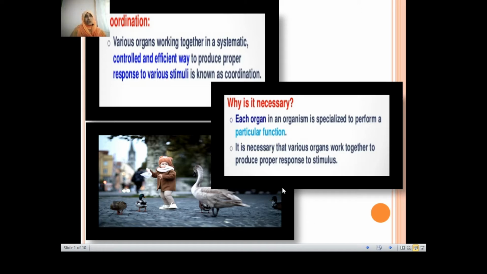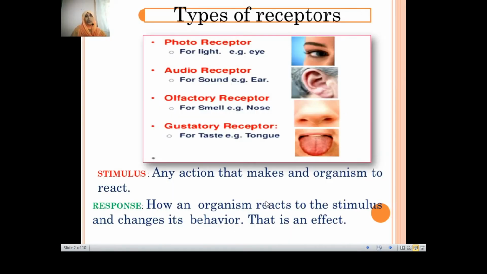This sort of coordination is required to act on stimuli. Any organism interacting with the environment encounters some stimulus which helps it either change its behavior or react in a different way, and this reaction depends upon the type of stimulus. Where exactly are these sensory things located? They are located in your sense organs.